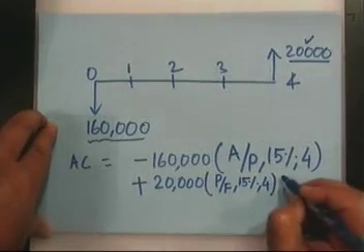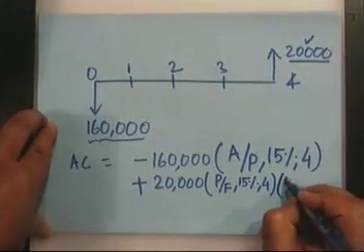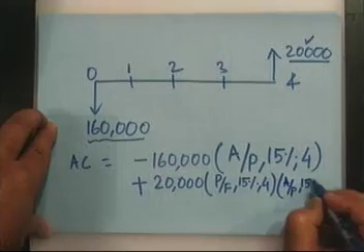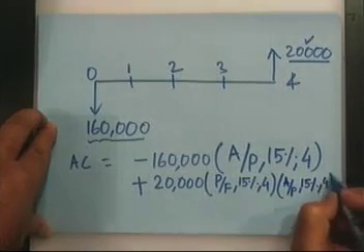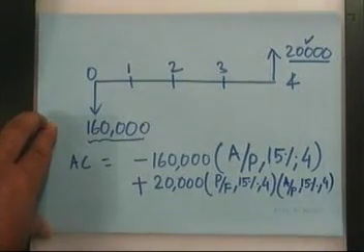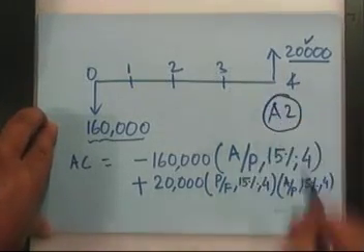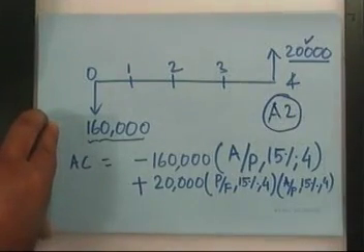In order to annualize it, I will multiply it with A given P, 15%, 4. So, this will be the annual cost for 4 years as far as asset 2 is concerned.